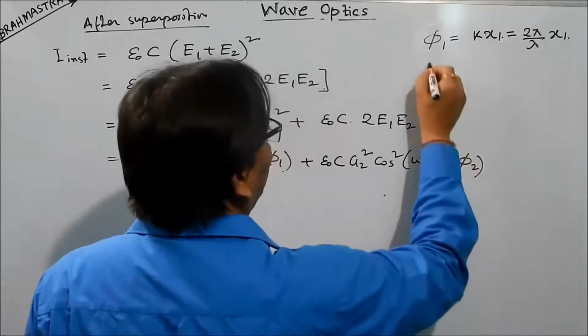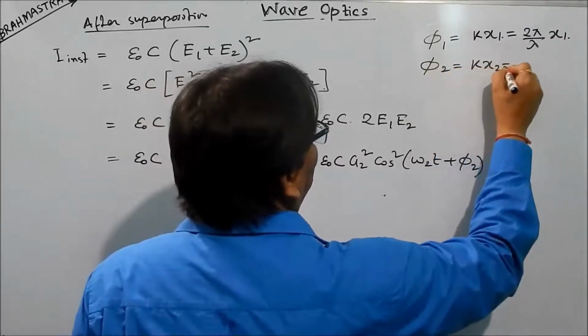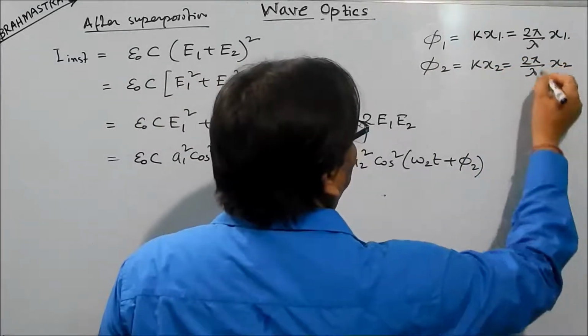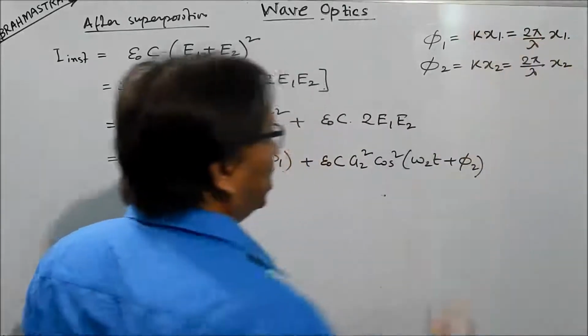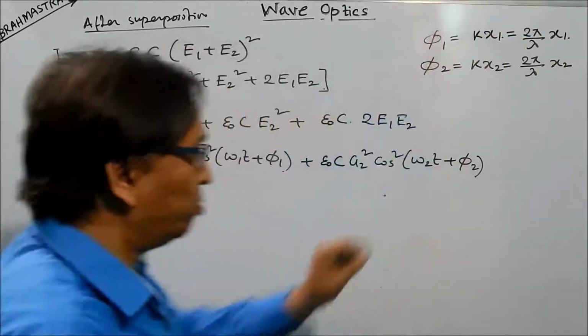What is phi 2? I am taking phi 2 as k x2, which is 2 pi by lambda times x2. The value of k is the same in both cases because our lambda is the same, monochromatic source.